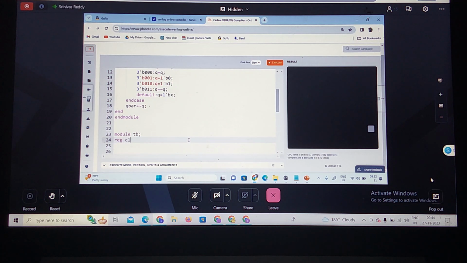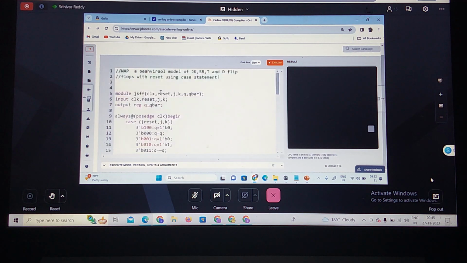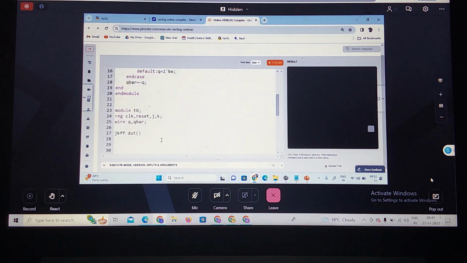What are the regs? Clock, reset, J and K. Correct. Wires are what? Q, Q bar. Then we need to instantiate the JK flip flop, DUT. Let us do port connection by name.